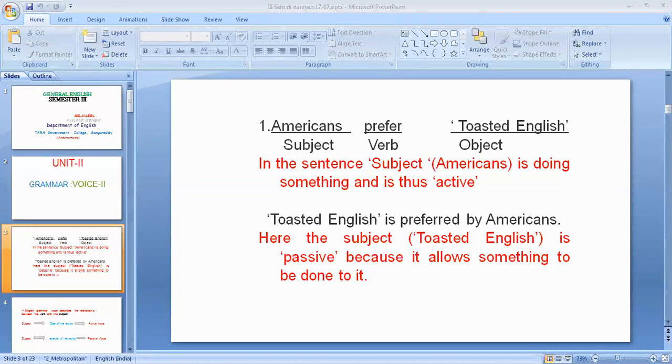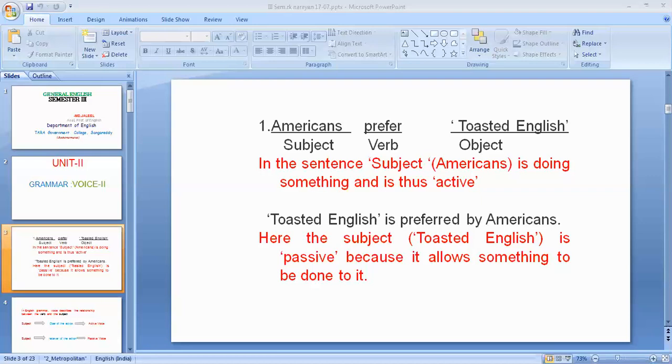Before entering into passive voice, we try to rewind the salient features that we have completed in our previous presentation. If you see the first sentence mentioned in the slide, it says Americans prefer toasted English.